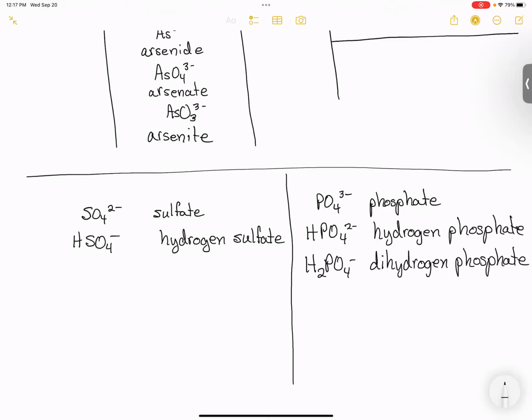Now let's pick all of this apart. Oh, and I should say before we pick it apart, that's also true if we were to do sulfite. You can have hydrogen sulfite.